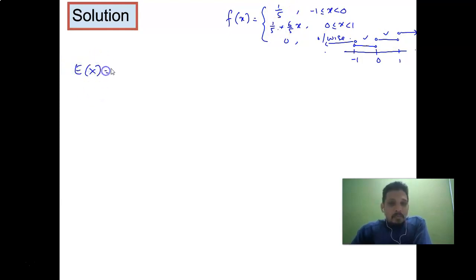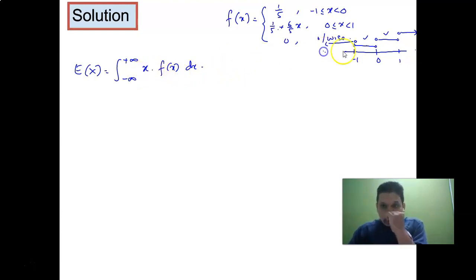So now, E(x) equals the integral from negative to positive infinity of x f(x) dx. By the way, from negative infinity to negative 1 and 1 to positive infinity, we may ignore it. So we're just focusing on these two parts here.